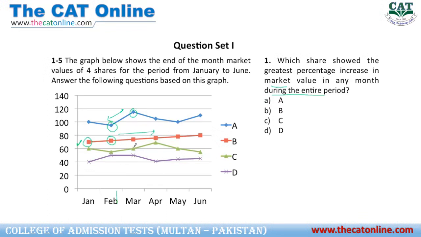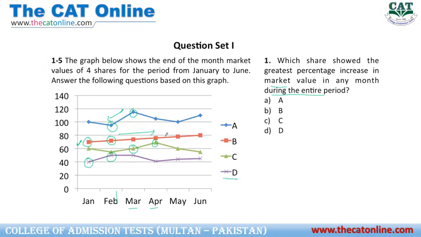Similarly for C, we can check here during the period of March and April because it shows a growth here, and for graph D I can check only in the initial period, because after that I don't see a much steep slope towards the higher side.